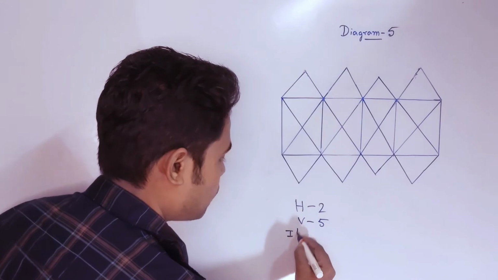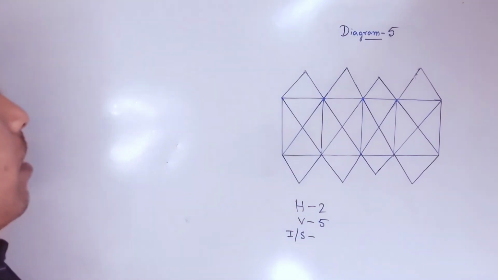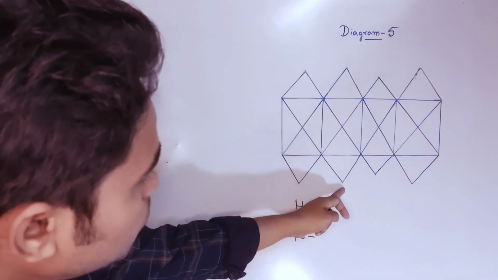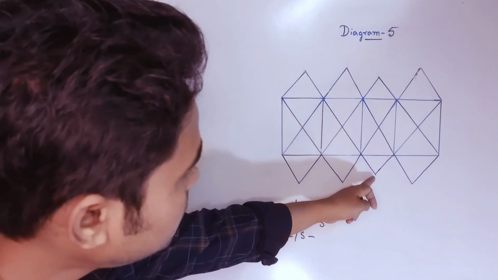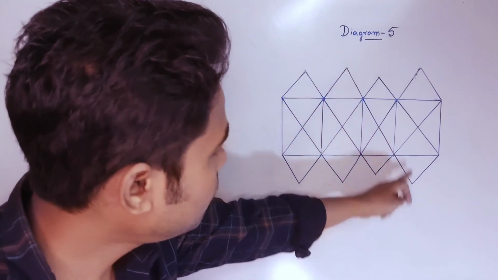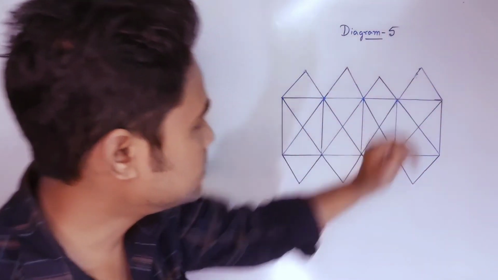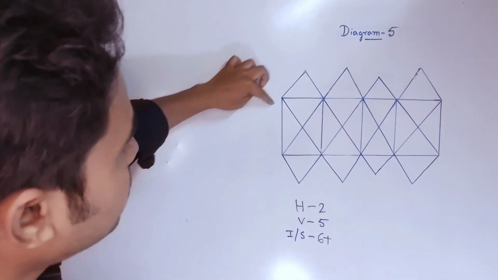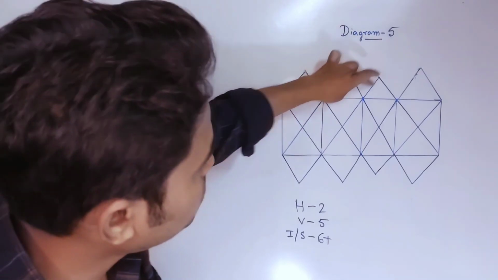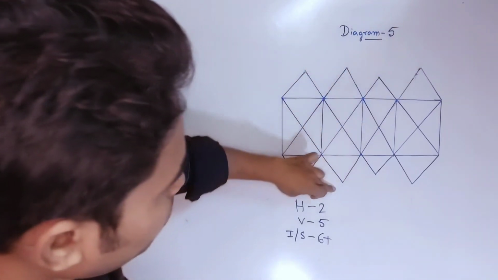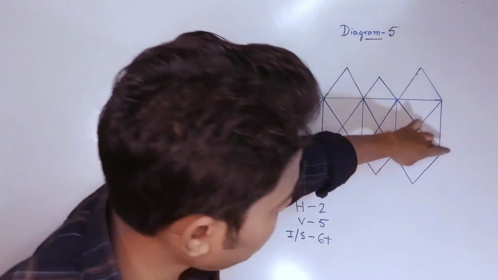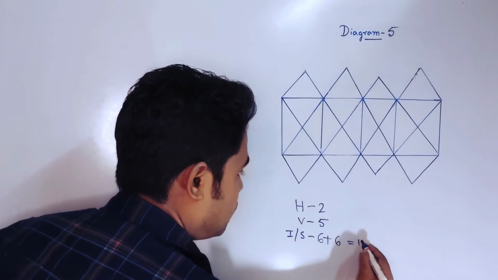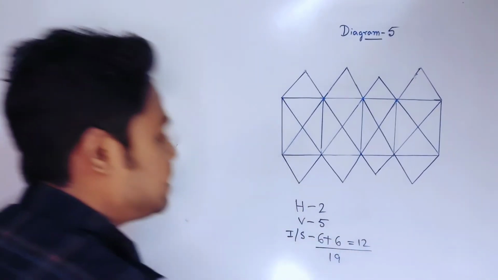Now inclined or slant lines, 1, 2, 3, 4, 5 and 6 plus 1, 2, 3, 4, 5 and 6 equal to 12. So in total there are 19 straight lines.